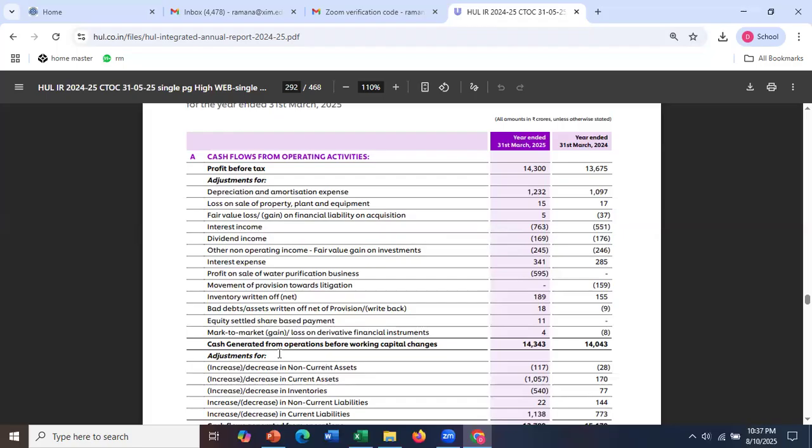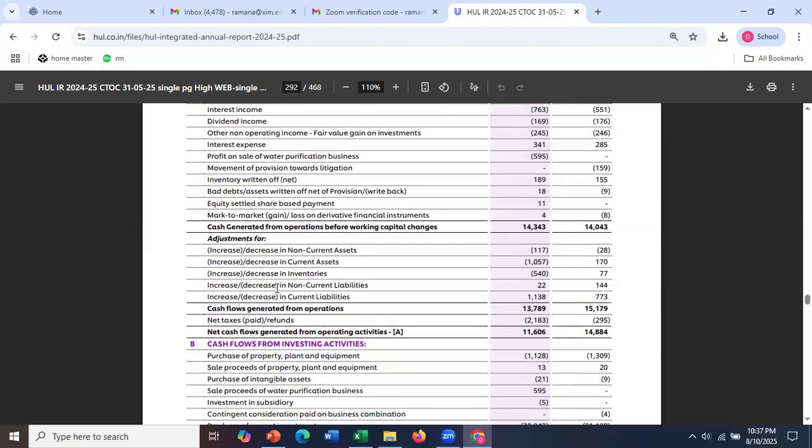Similarly, the operating and non-operating adjustments are done here, and the changes in the operating current assets and current liabilities. The changes in current assets and current liabilities are a reflection of credit sales, credit expenses, credit purchases, or the payments.